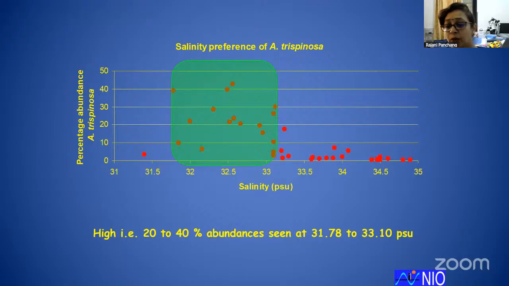So I took all the 133 samples collected over 2 lakh square kilometers of my area. Every location had a different salinity. In the 40 or 50 samples where I had found Astrotalia trispinosa, I plotted this graph. On the basis of that, I saw that the highest abundances are found at these salinities.